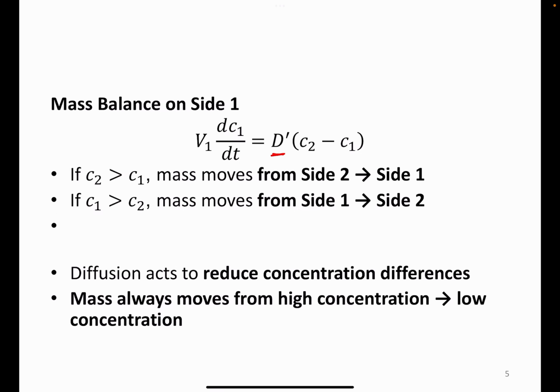If C2 is higher than C1, then it's going to be positive, so the mass will flow from side 2 to side 1. If C1 is higher than C2, then it's going to be negative, so mass moves from side 1 to side 2. So it all depends on which concentration is higher.